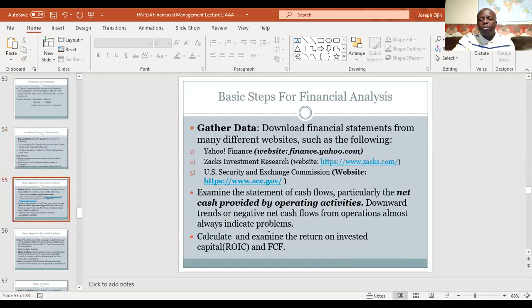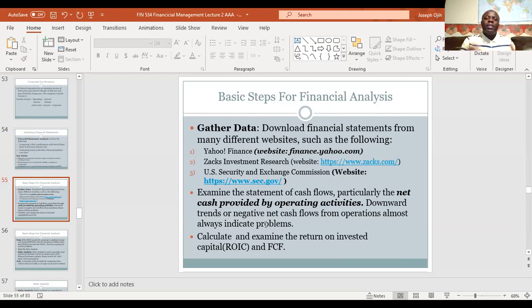Now, the first step in financial statement analysis is to gather the information that you need about a company. I recommend you read everything that you can lay your hands on about a company. Then, of course, the core thing that you also have to do is to analyze the company's financial statement.